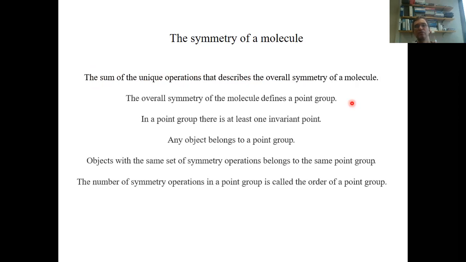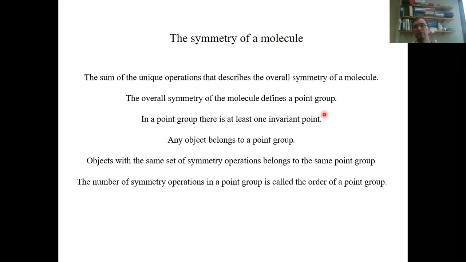Okay, so the overall symmetry of the molecule defines a so-called point group. A point group is a mathematical concept. There's a mathematical theory which is called group theory. And within group theory, we know so-called point groups. And a point group is a group in which there is at least one invariant point.